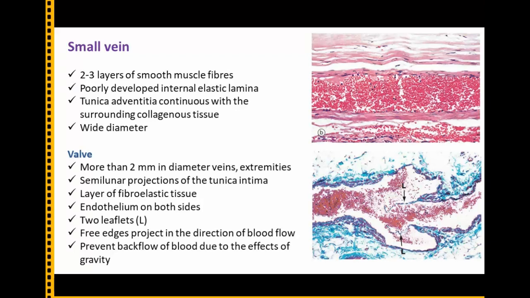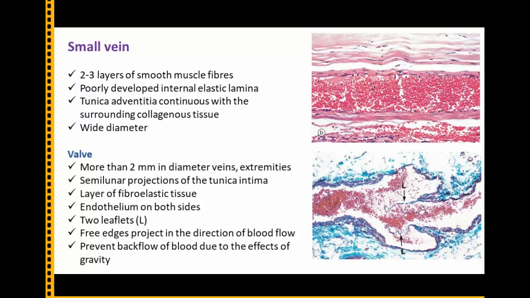valves, vein valves. This picture shows the structure of a valve. Here you can see the 2 valve leaflets. Usually you have valves in veins where the diameter is more than 2 millimeters, usually in the veins of the extremities, the limbs.